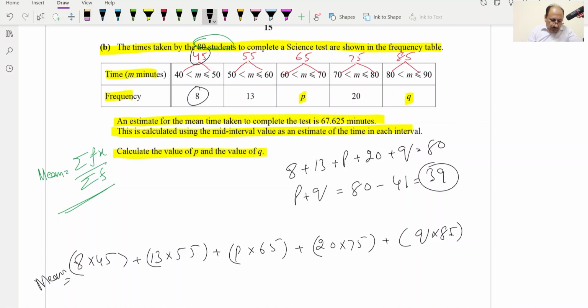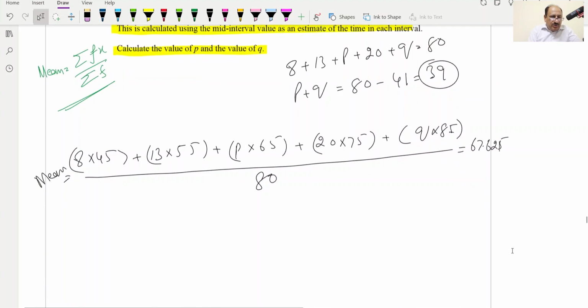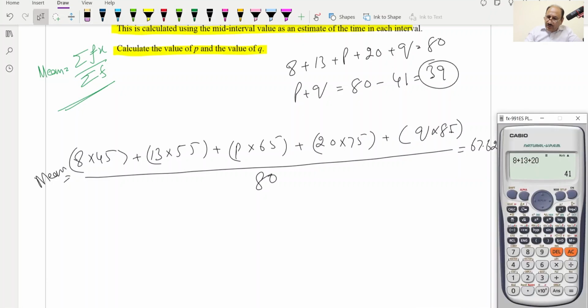And divided by the frequency, which is 80. We know there are 80 people, and it is also provided that the mean is 67.625. So we can equate it to 67.625, and now we can simplify this equation.